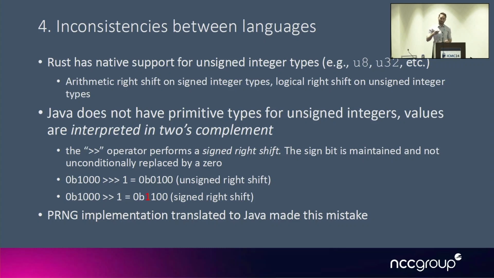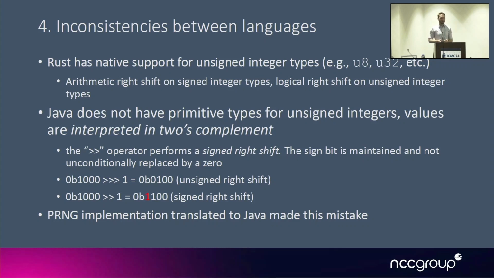As a comparison, Java does not have a primitive type for unsigned integers, and the values are interpreted in 2's complement. So when performing a right shift, you actually have two options. You could either do an unsigned right shift or a signed right shift, where the sign bit is actually maintained.